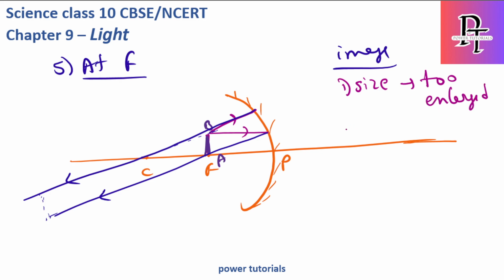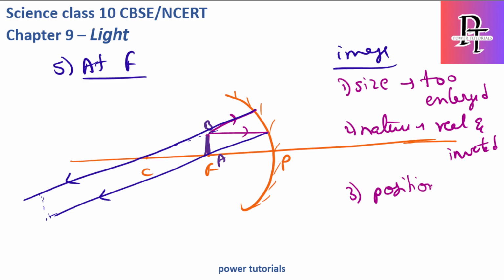And nature will again be the same, real and inverted. Last one, what about position? We say it as infinity, because we don't know where they're getting combined.